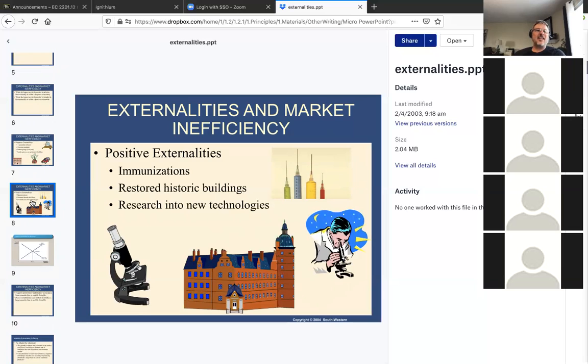Actually, it's not listed here in this slide, but you're close to one of the biggest examples that everybody gives, which is that I benefit from my neighbor taking care of their house if I live in a neighborhood. I've been house shopping, and I've been to neighborhoods where the house I'm thinking about getting is really nice.